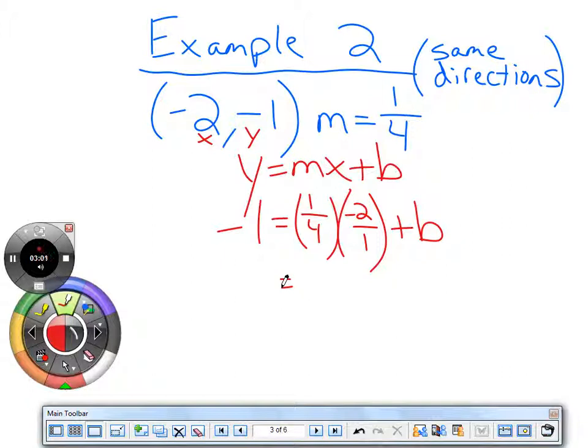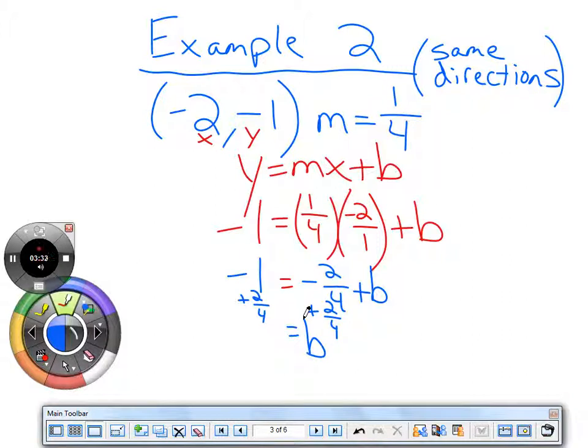Now if I multiply these two together, that's going to be -2/4. You know how you multiply straight across with fractions? So that's going to be -2/4 plus b equals -1. That's actually -1/2, right? 2/4 is 1/2. So I need to solve for b, so I'm going to add 2/4, or we could say adding a half, same thing.